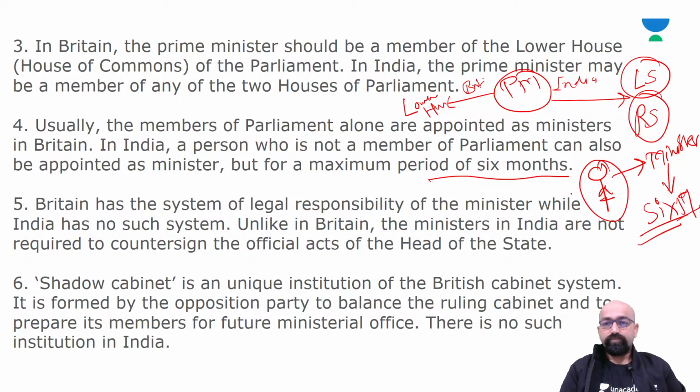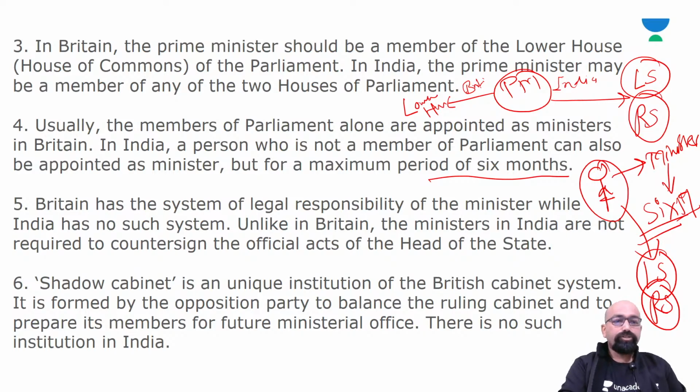After that, he should be elected or represent any of the houses, that is Lok Sabha or Rajya Sabha, during these 6 months. This is mandatory by our constitution. Now next, Britain has the system of legal responsibility of the minister.